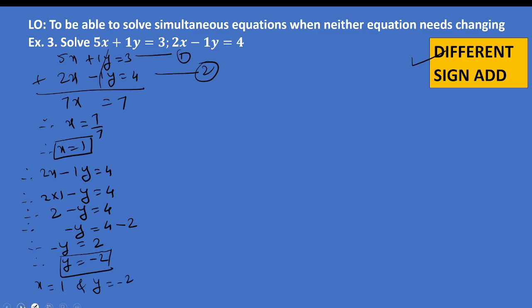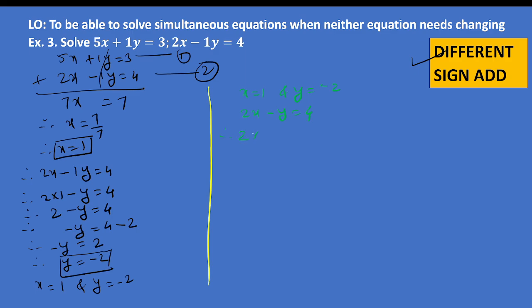To verify these answers, we are going to use these values and put them in any one of the equations. So x equals 1 and y equals minus 2. I'm going to put them in equation number 2: 2x minus y equals 4.